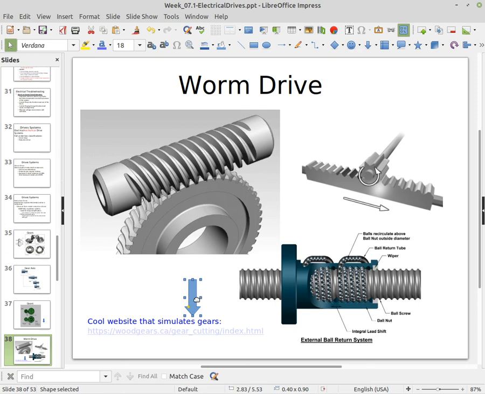The website lets you change the different types of gears and the number of teeth and various things like that. So it's kind of interesting to check out.